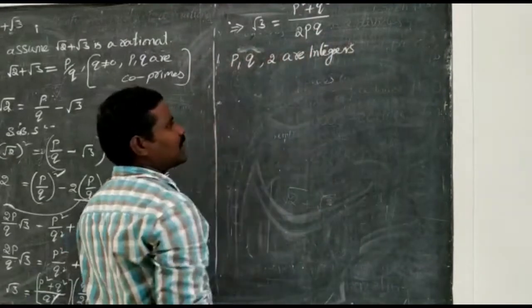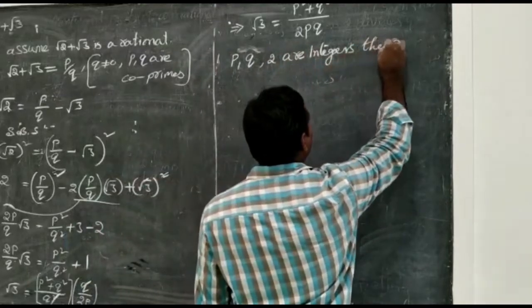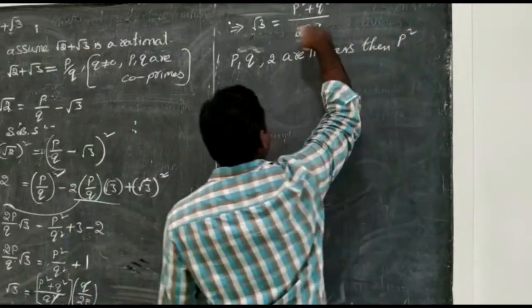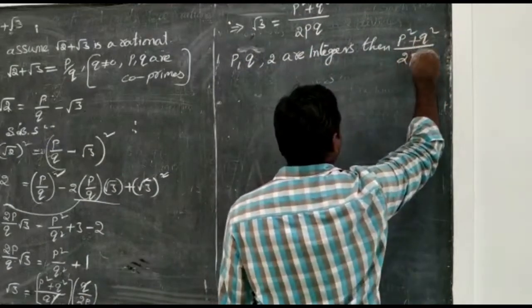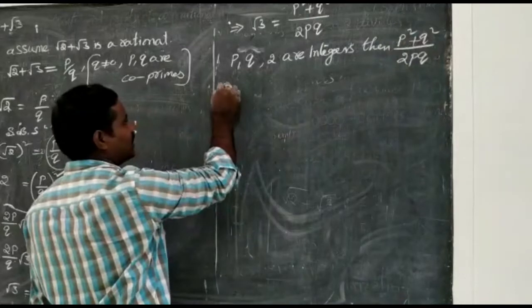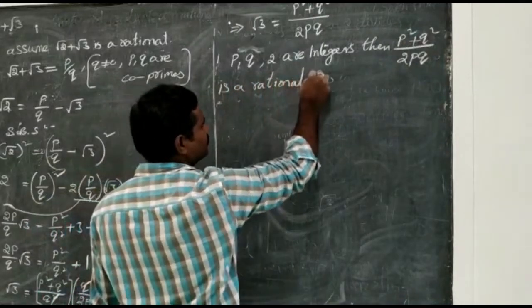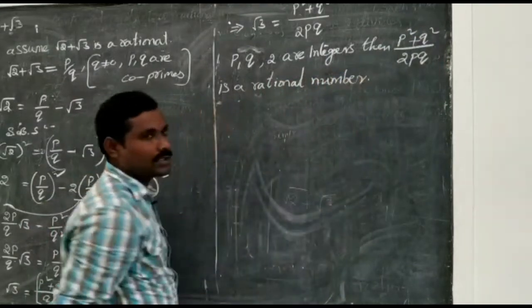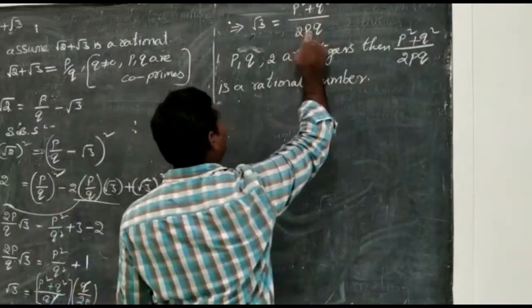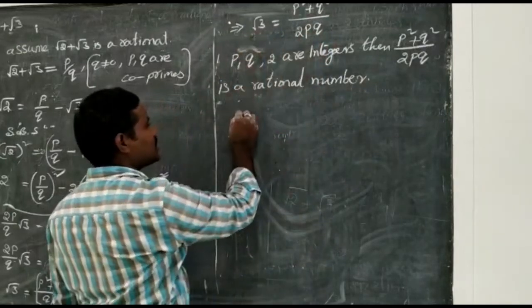You have to write p, q also. P, q, 2 are integers, then the total term on the RHS, p square plus q square by 2pq, is a rational number. If it is rational, one rational number is equal to the other rational number. Now from this it is also rational.